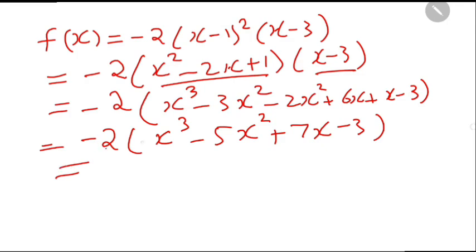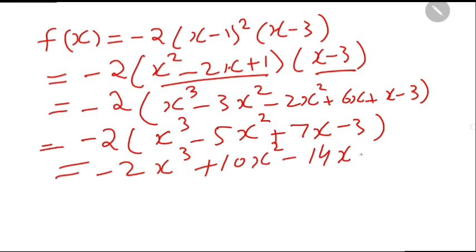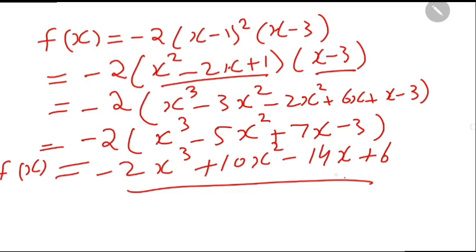Now I'm gonna multiply negative 2 inside. This becomes negative 2x power 3 plus 10x power 2 minus 14x plus 6. So therefore f of x is equal to negative 2x power 3 plus 10x squared minus 14x plus 6. This is my final answer.